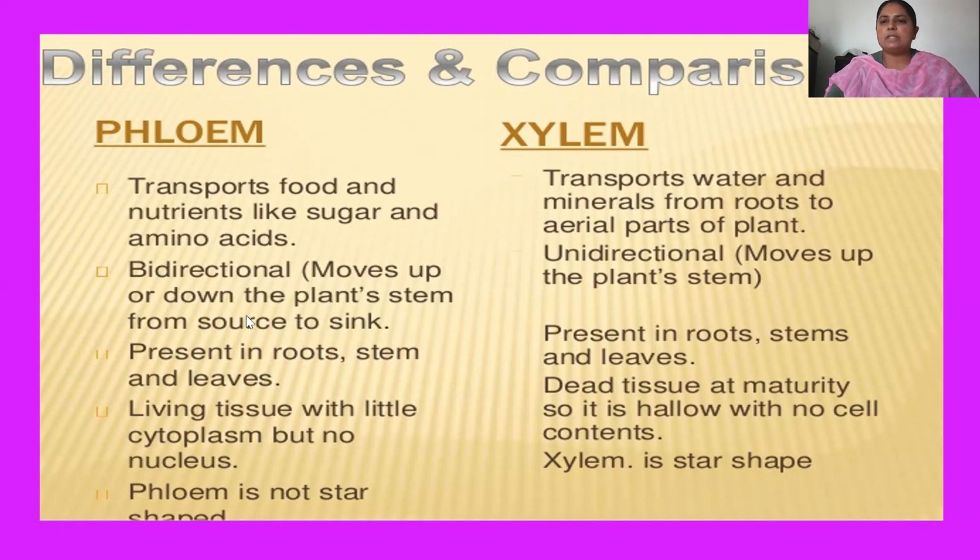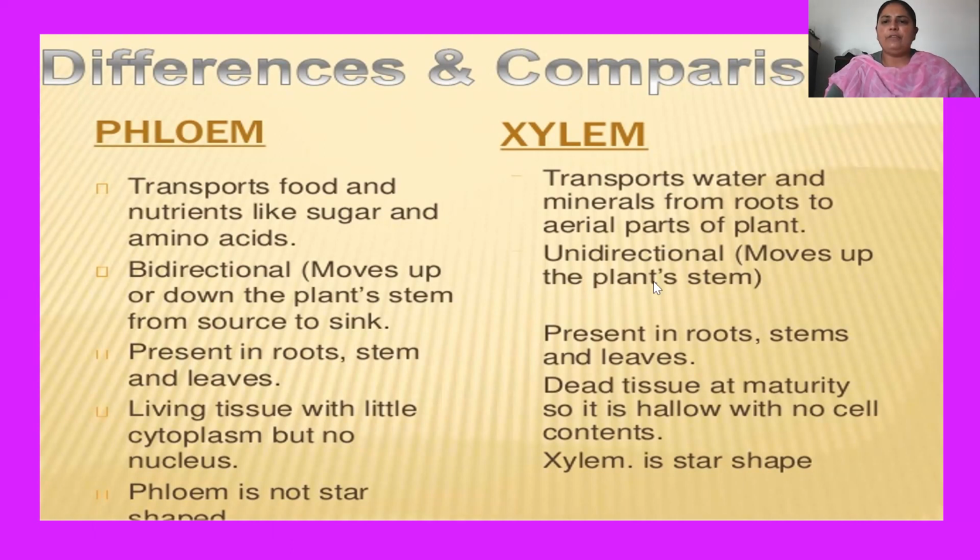Here the source is the leaf where the photosynthates are produced, and the sink is the target organ where we have to translocate those photosynthates. It may be root, stem, branches, flowers, or fruits.